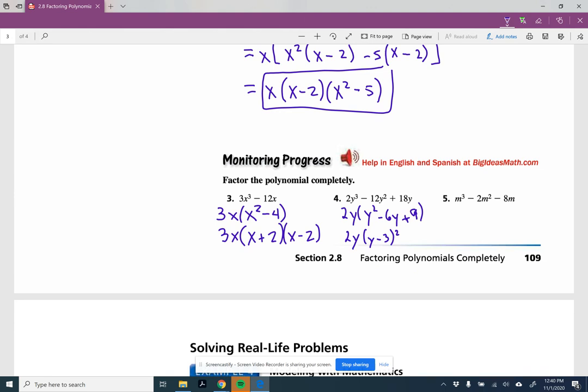But we could also factor this trinomial y squared minus 6y plus 9 using our table method. That would be perfectly fine as well. Okay, number 5. 3 terms, all of them are divisible by m. Greatest common factor is m, so we'll take out an m.